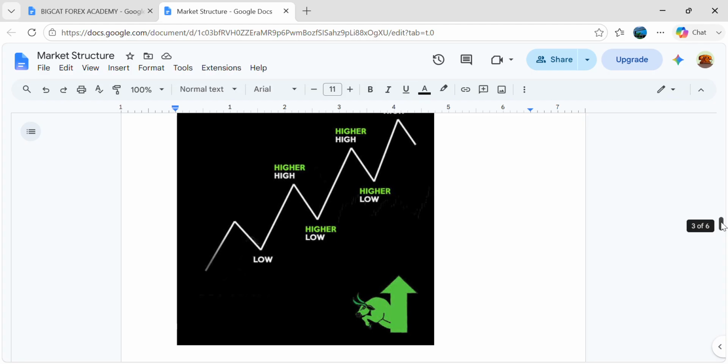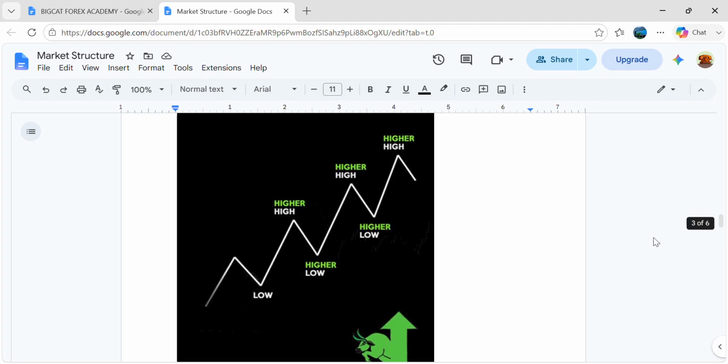I've explained that the market is going up, giving us higher highs, higher lows, higher highs, higher lows. It is creating new highs. You see this previous high, see the new high created above this. That's a bullish market structure.